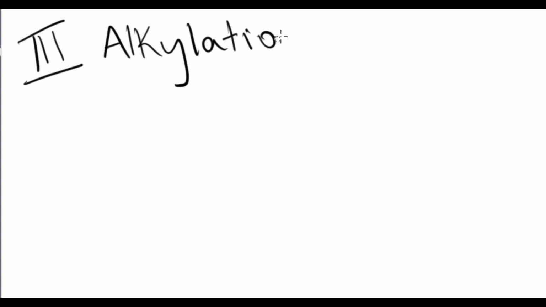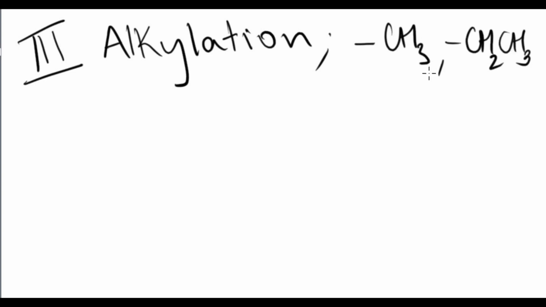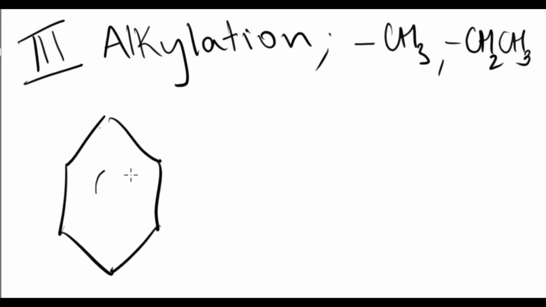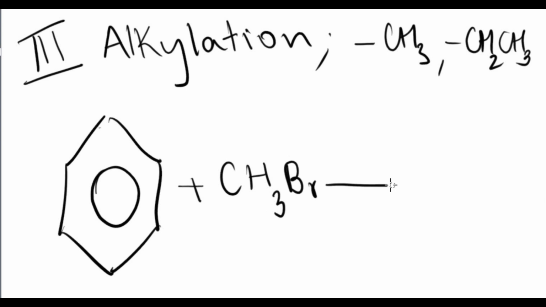The third type of reaction is alkylation. If you remember, I told you alkyls are compounds like CH3, CH2CH3. This is methyl, propyl, butyl, for example. So when you react benzene with, let's say, chloromethane or an alkyl halide, then you will get methylbenzene or alkyl benzene, right?